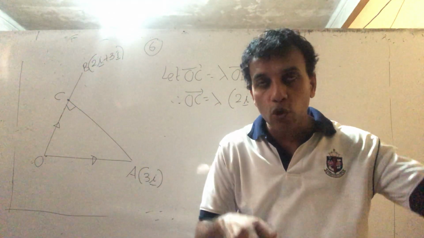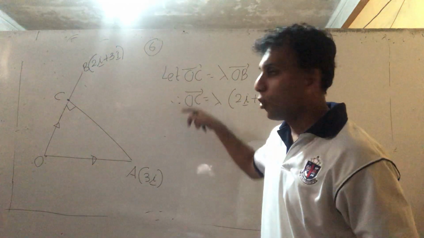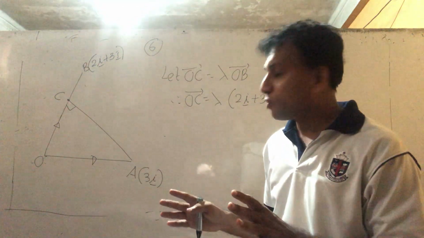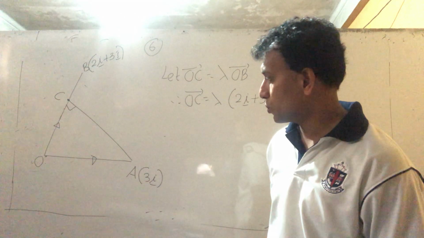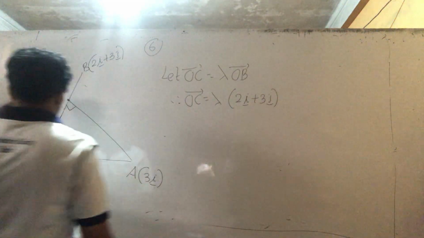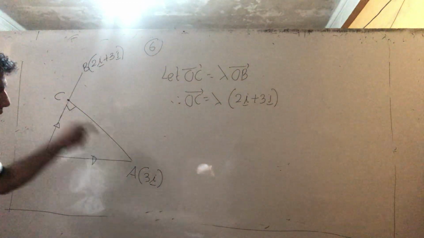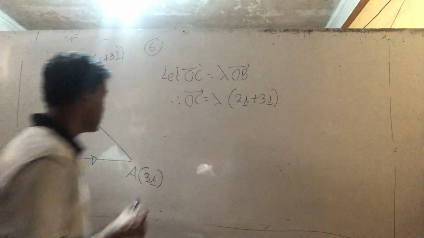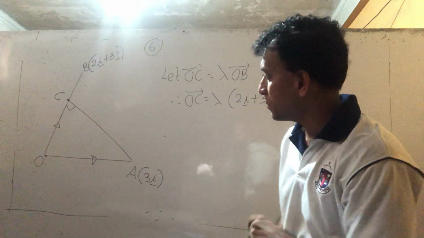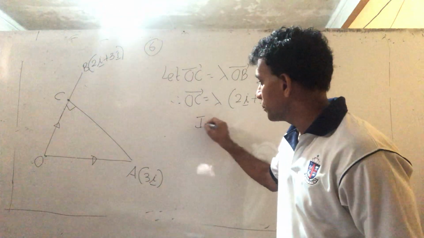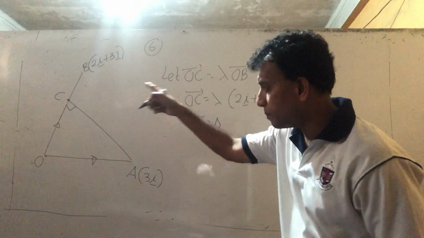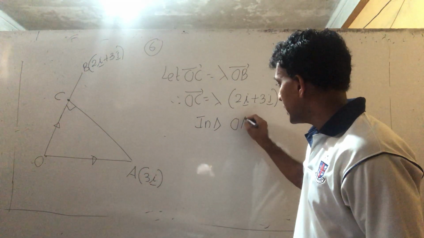Therefore, we have another equation in that case. Here OC equals what? And we try to find the dot product hereafter. You know OC, therefore you know CO. Now we find CA. Take vector addition in triangle OAC.